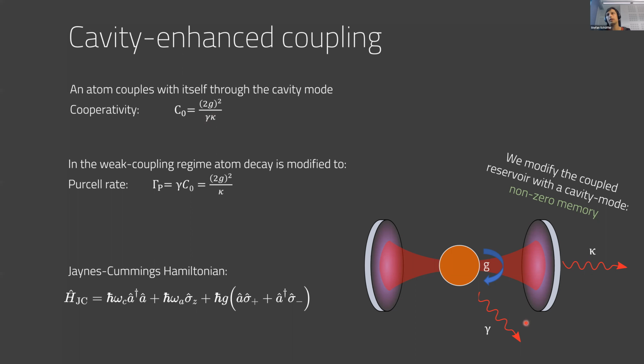So the spontaneous decay 4π and the decay rate of the cavity mode kappa through the mirrors. This means that the coupling of the atom into the cavity mode is modified to the Purcell rate rather than gamma, which is the free space decay rate.